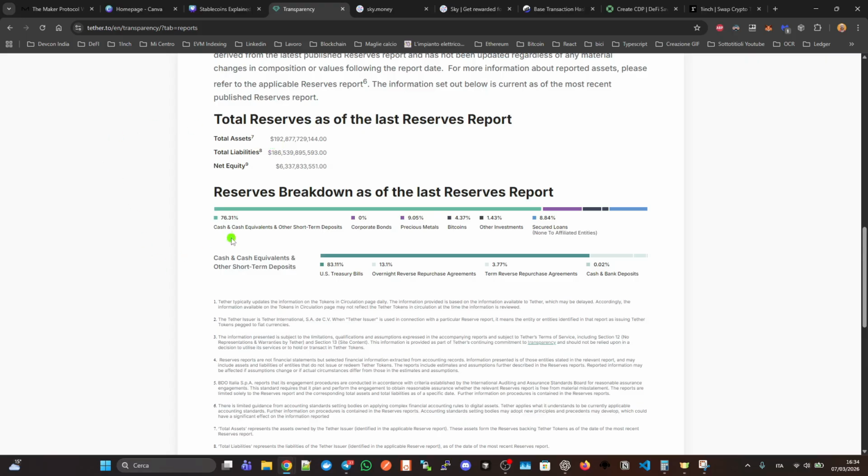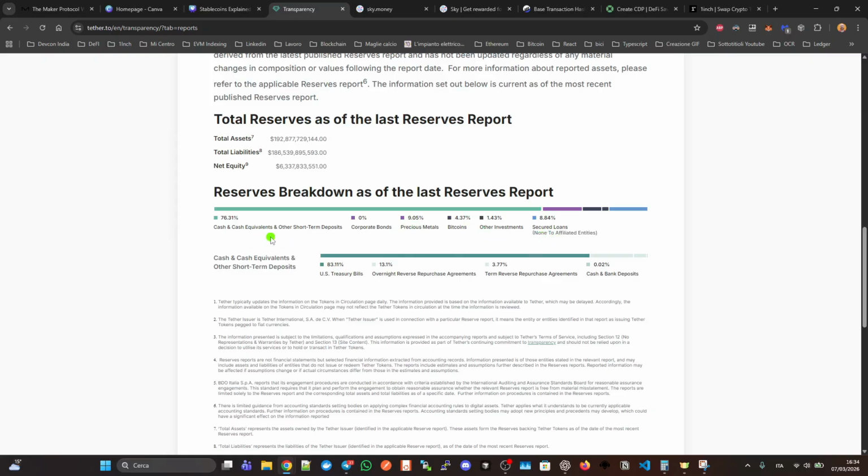Okay, so 76% is invested in cash and cash equivalents and other short-term deposits. Then they have 4% of Bitcoin, another 9% of precious metals, and here secured loans.